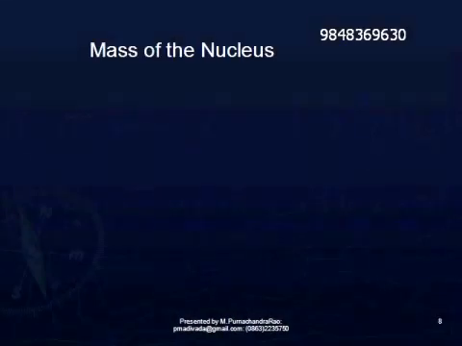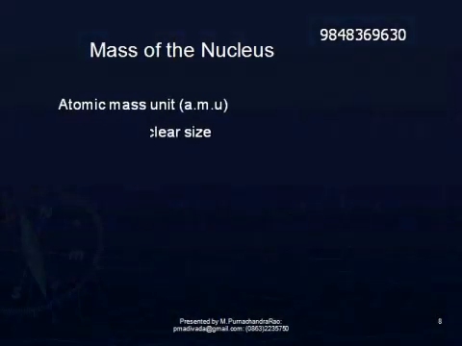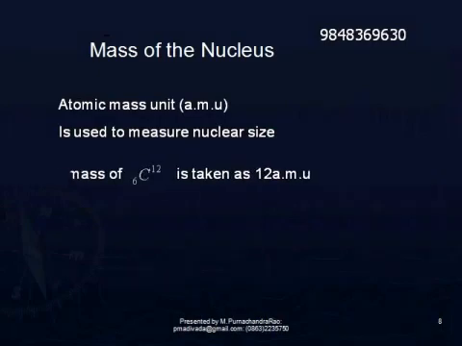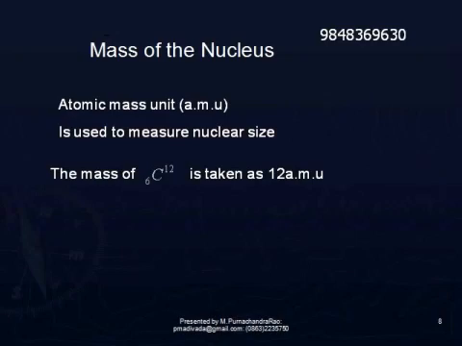Mass of the nucleus. We measure the mass of the nucleus with a unit called the atomic mass unit. We consider the mass of carbon-12 as 12 atomic mass units.